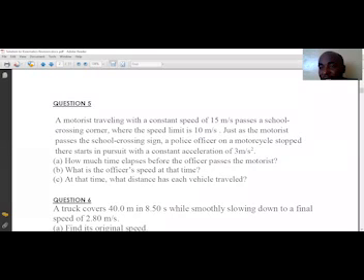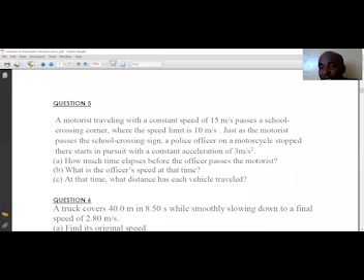A motorist traveling with a constant speed of 15 meters per second passes a school crossing corner where the speed limit is 10 meters per second.